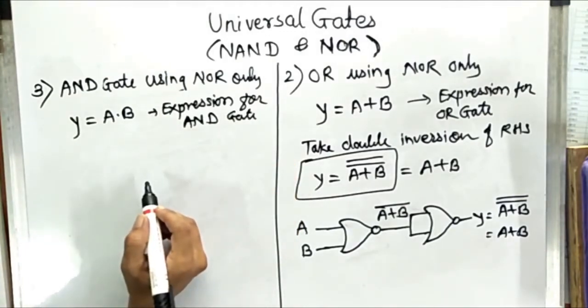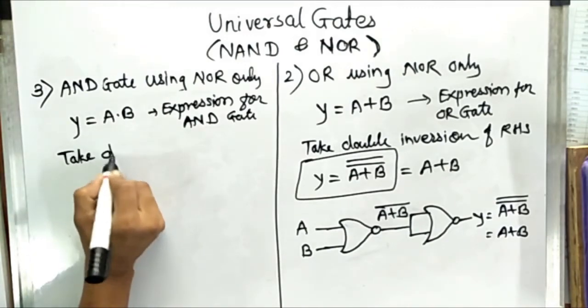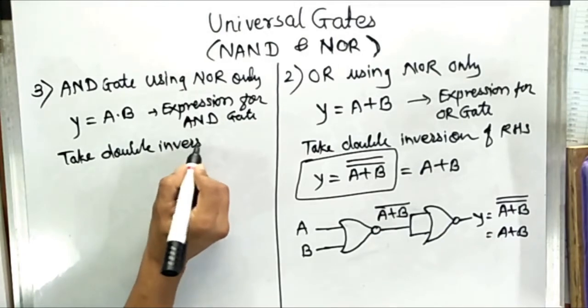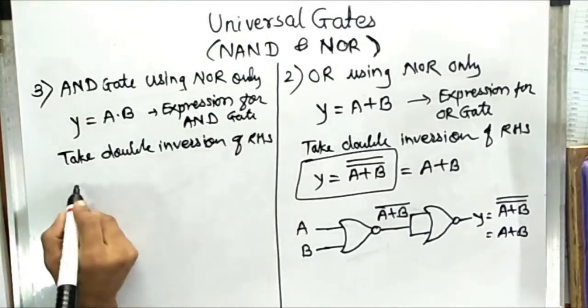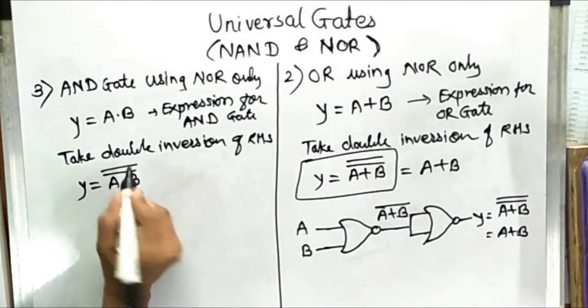Now take double inversion of the RHS. What will we get? Y equal to A and B double complement.